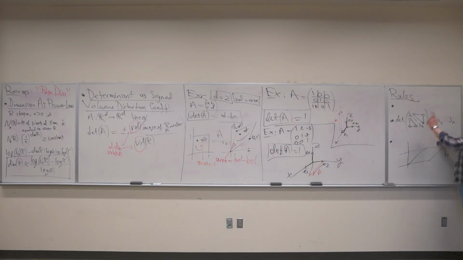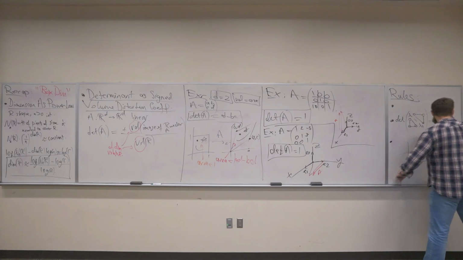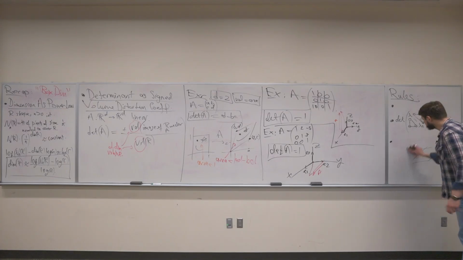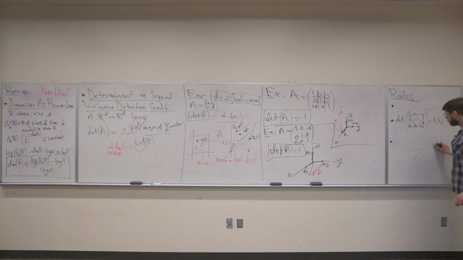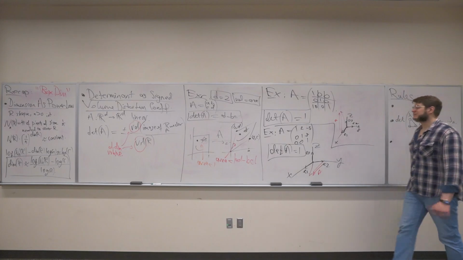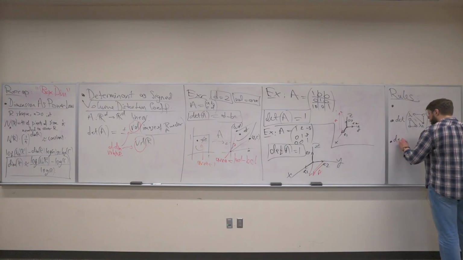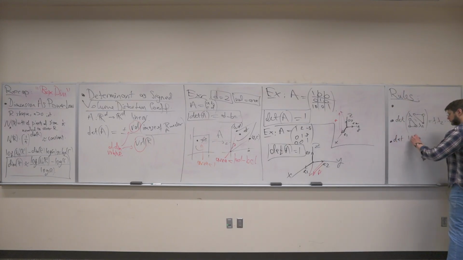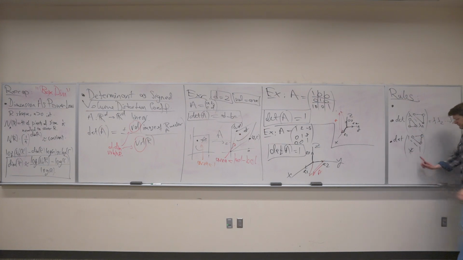So we have more rules. For diagonals, the determinant is just the product of the diagonal entries. Lower triangular with 1s on the diagonal, or upper triangular with 1s on the diagonal: these 2 cases, again, the determinant is immediately 1. If you're in this shape, so something is underneath, I don't really care.